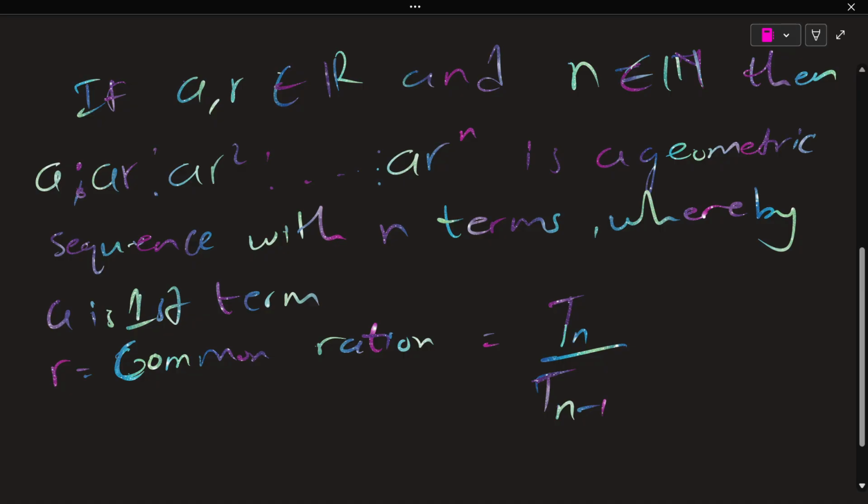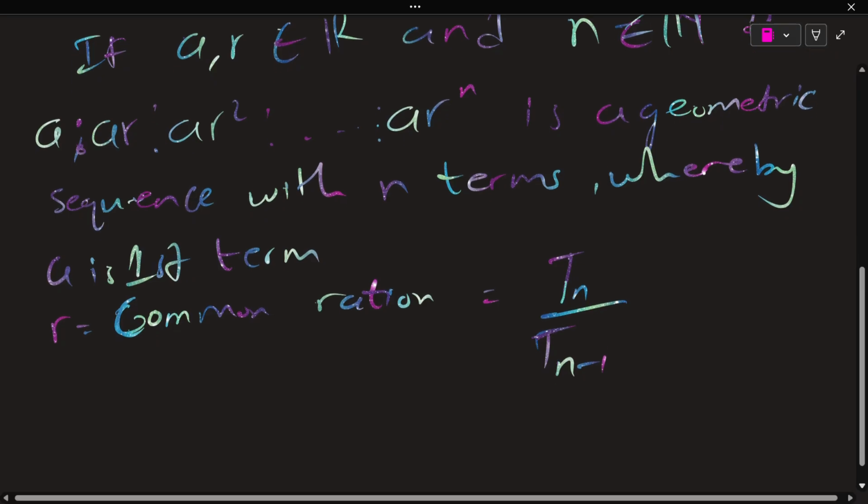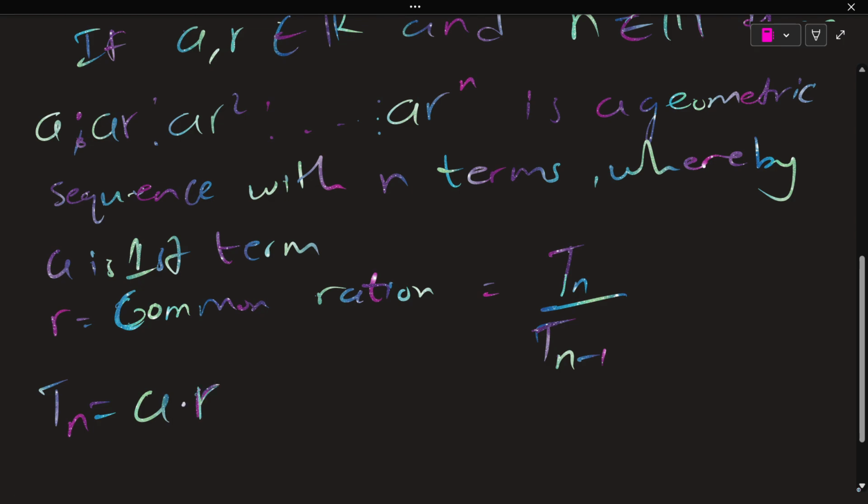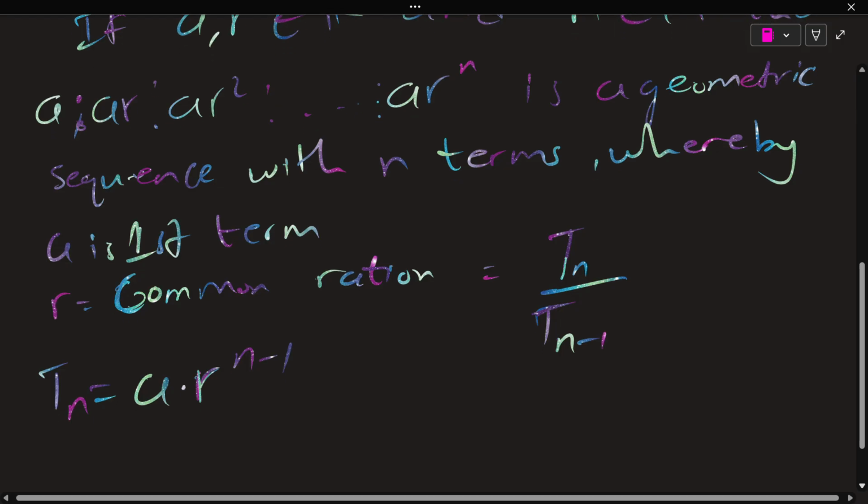That's how we obtain this common ratio. And we have something like the nth term, which is A multiplied by R all to the exponent n minus 1. This is what we have for a geometric sequence.